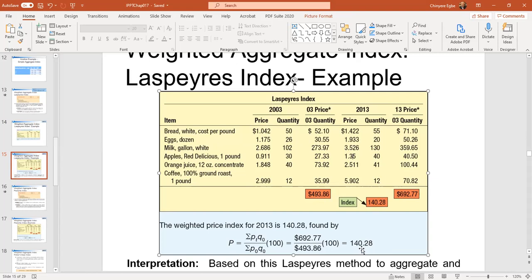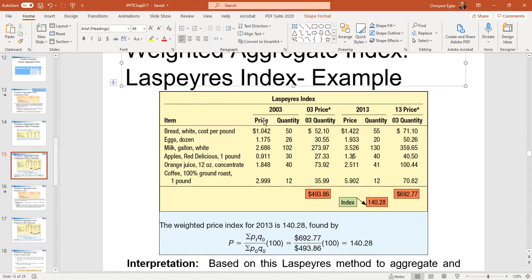So we are saying that prices increased by 40.28%, because the price in 2013 for this aggregate of goods is 140% of the base year price, because the base year is 2003. That's an example of what we call the Laspeyres index.